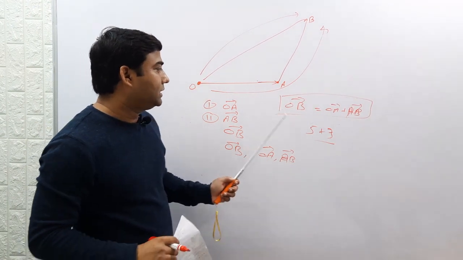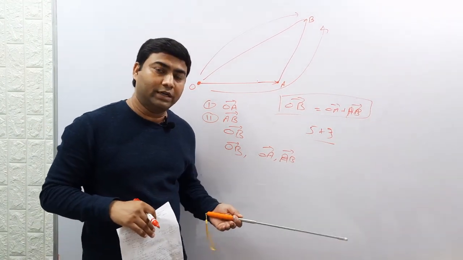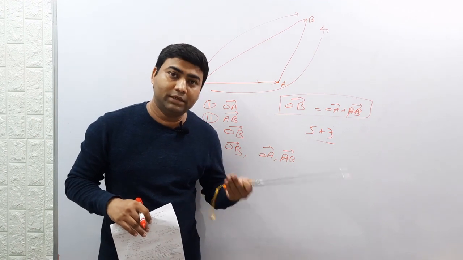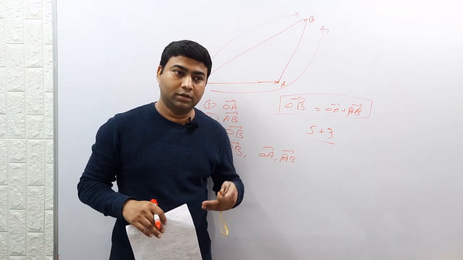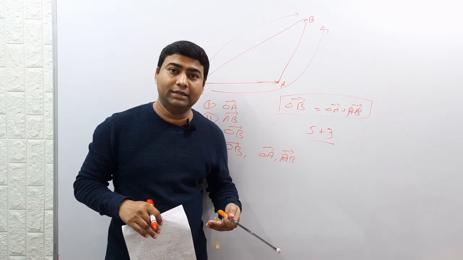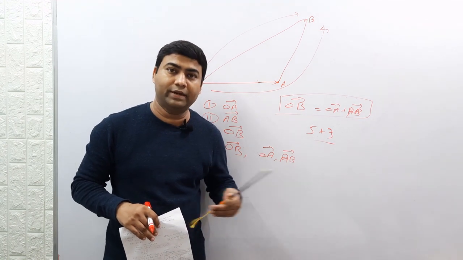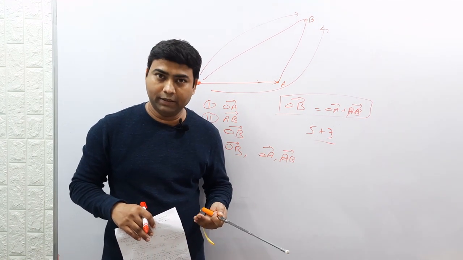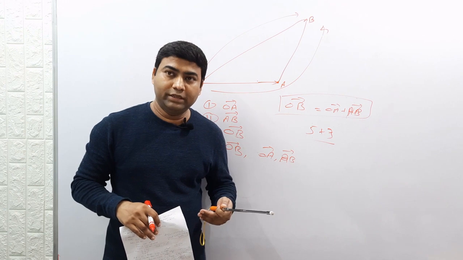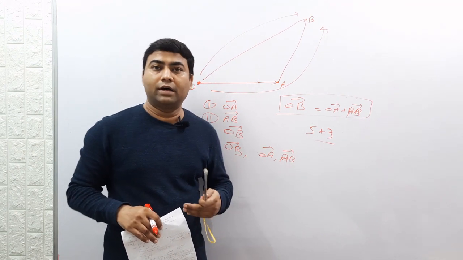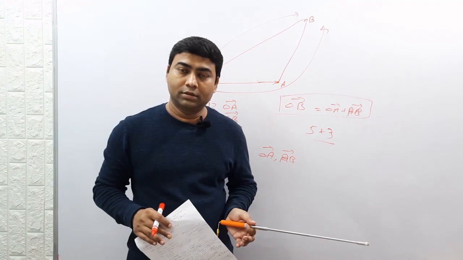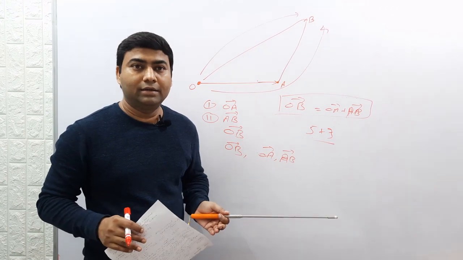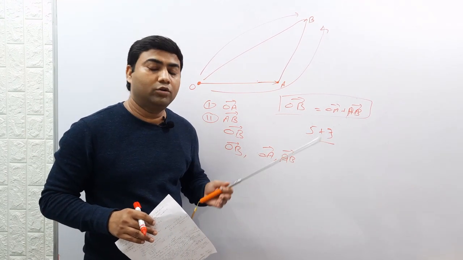So this is the inherent nature of vector quantities. They follow geometric rules. They are not added directly, except in the case of collinear vectors, which you can add algebraically. Except for collinear vectors, all vectors follow geometric rules. They cannot be added directly.